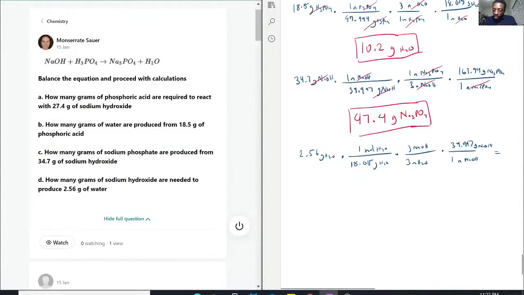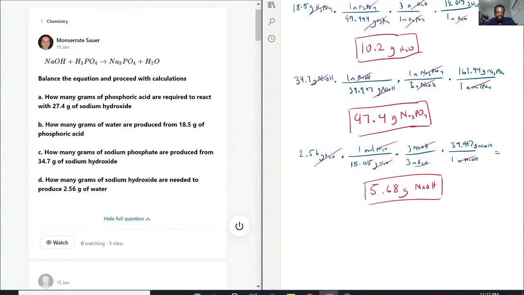And after we cross out the units, we end up with 5.68 grams of NaOH. So that is hopefully the breakdown of each question here.